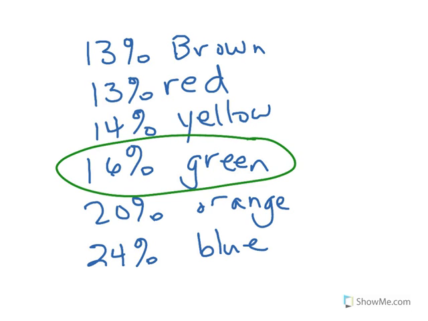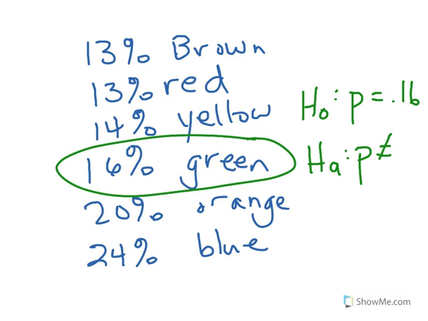Now, if we wanted to test the hypothesis that we actually have green at 16%, we would test a null hypothesis that the proportion of greens in a particular sample representing the entire population would be equal to 0.16. And the alternative hypothesis we would probably use, unless we had some thought that it was less than 0.16 or more, we would probably test the two-sided alternative that the proportion was not equal to 0.16.